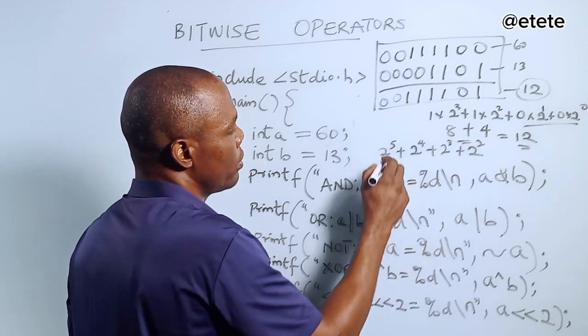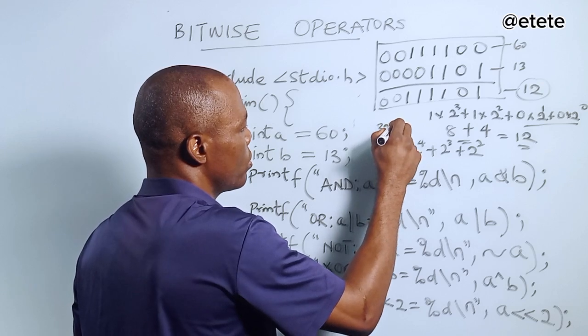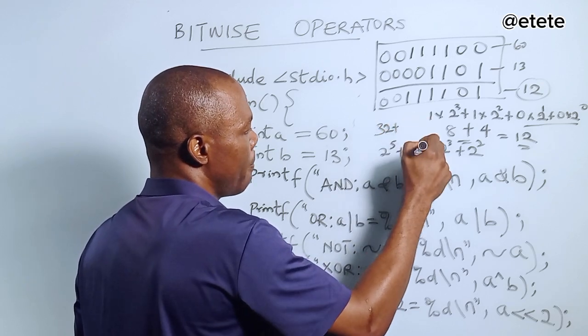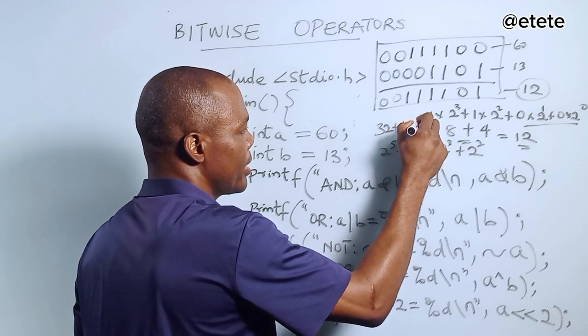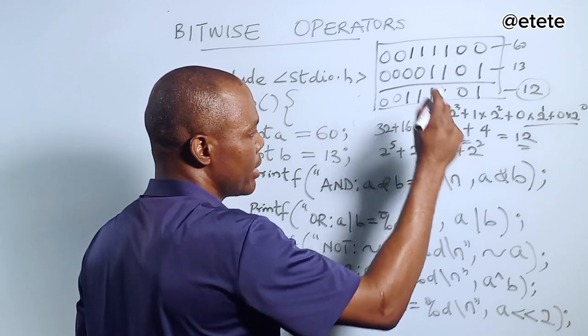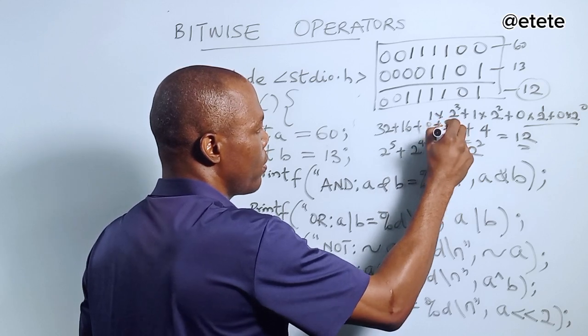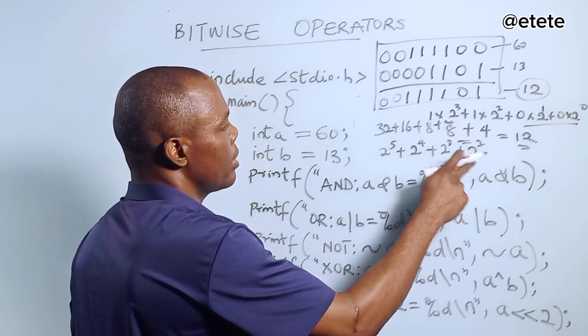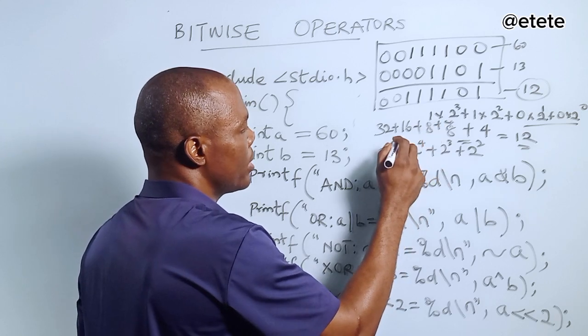So what would this give us? This one will give us 32. This one will give us 16. This will give us 8. And this will give us 4. Right? So this plus this, that is 12.